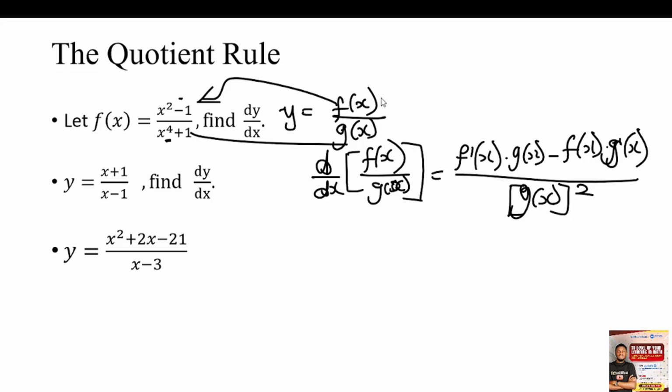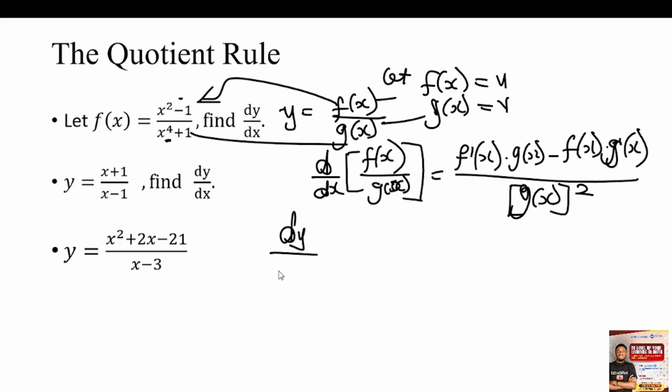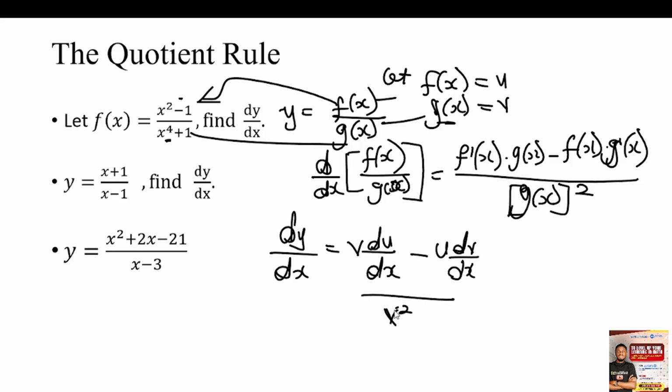Now suppose you let f of x be equal to u and g of x equal to v, then the derivative of these two functions is equal to v, which represents the second function, times the derivative of the first function, which is du on dx, minus u, which is the first function, times dv on dx, all on v squared, which is the second function, all squared.